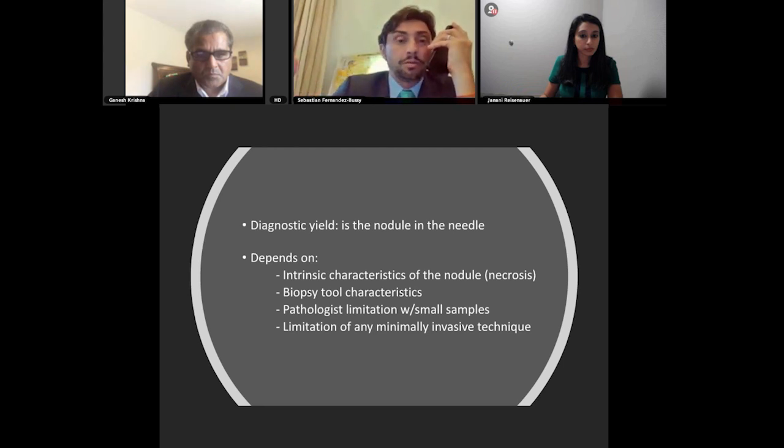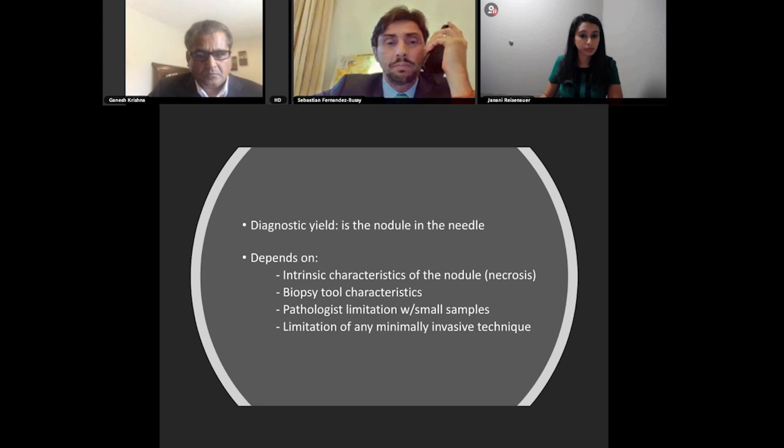And if we're not able to identify where the necrosis is, if it's just in one part of the lesion, not in the other one, and we put our tools in just the necrotic part, so that plays a role. The different tools that we can use to do a biopsy, that also has a role. The pathology limitation of evaluating small samples, that definitely plays a role as well. And this goes along to any limitation for any minimally invasive technique.